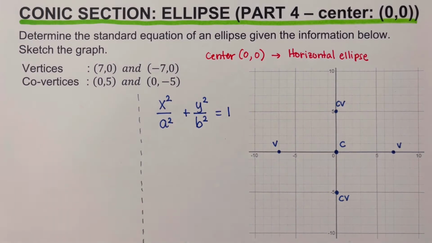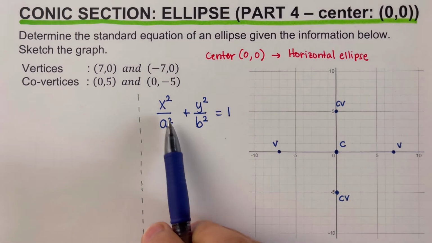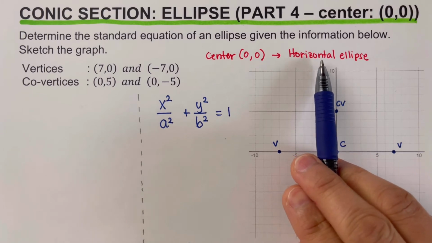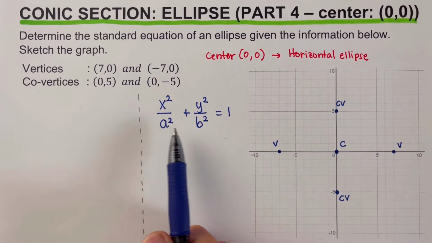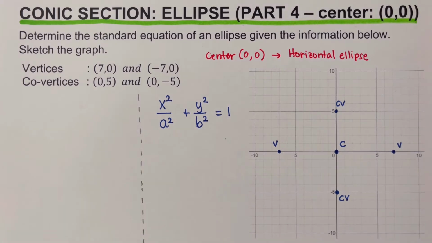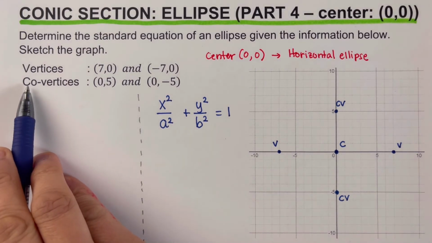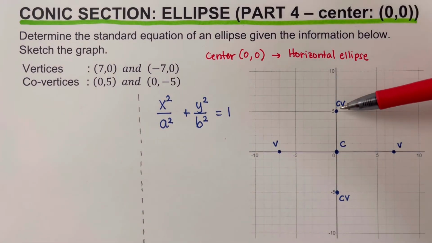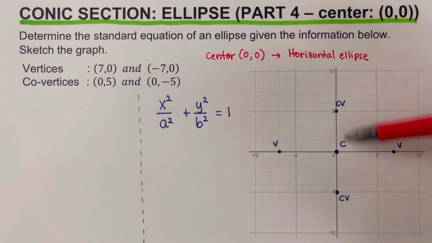The reason why our A squared was placed under the X squared is because we have a horizontal ellipse. So we need the value for A and we need the value of B. We remember that the co-vertex is the point that we have up here, or it's either up here or down here.